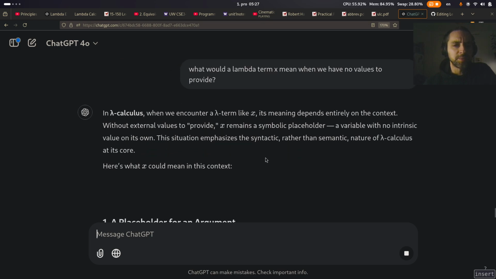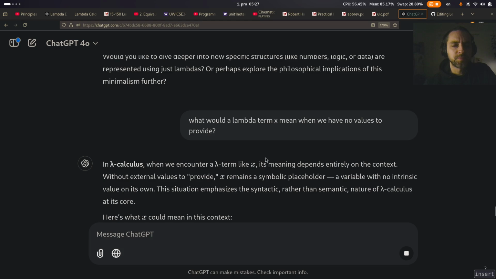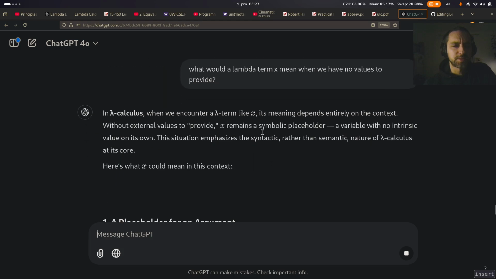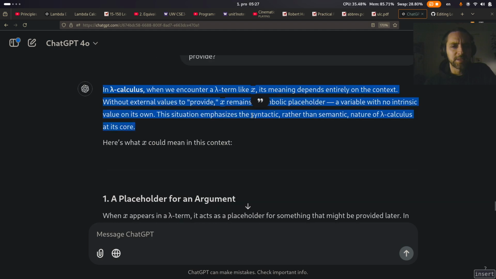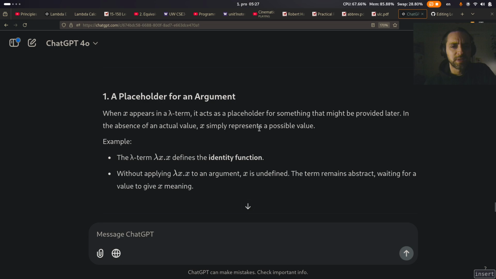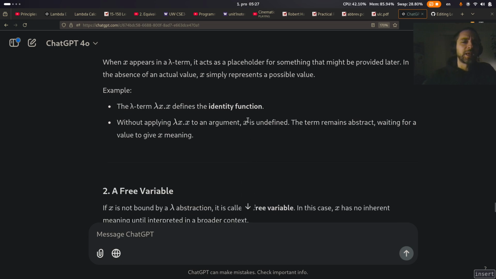I think that's the problem sometimes. The scope, with assumptions, right? Like this x, I was kind of confused. How would the x be a lambda term?